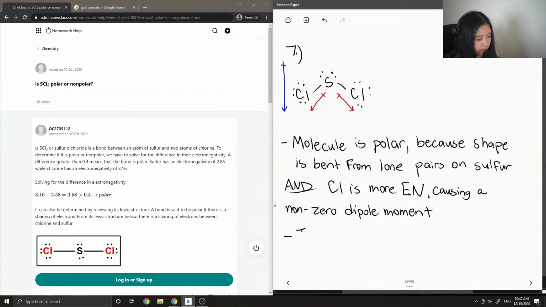Okay, so I'll just also take note that the actual sulfur-chlorine bond is polar as well, since chlorine is more electronegative than sulfur.